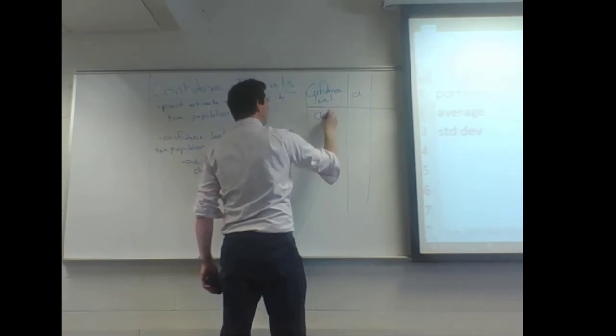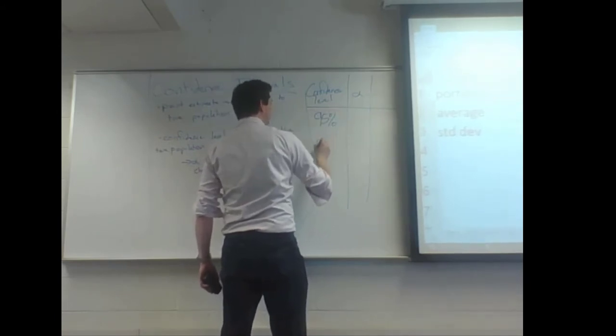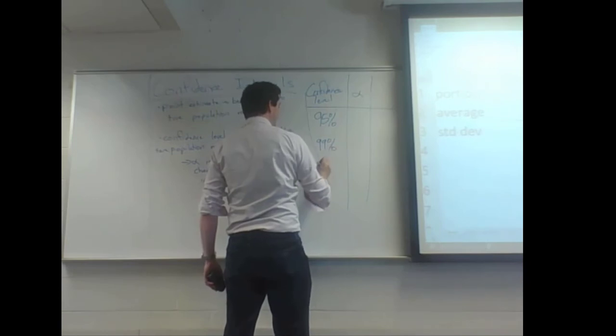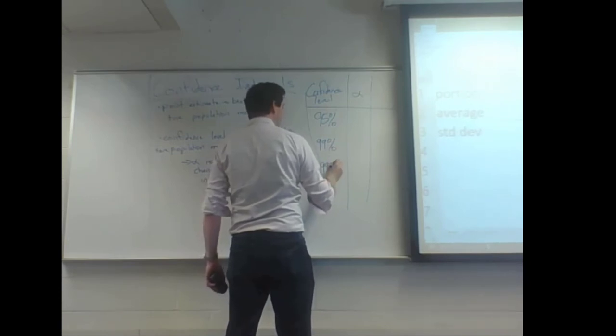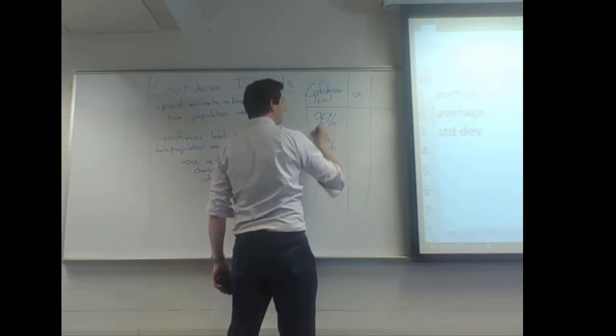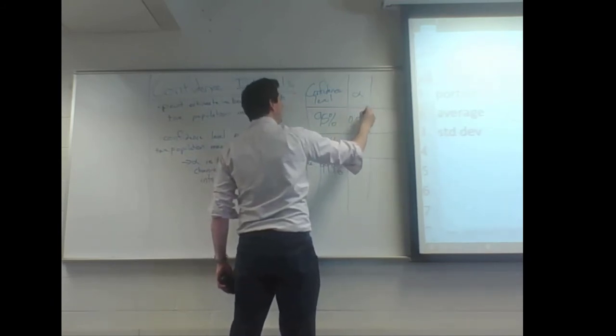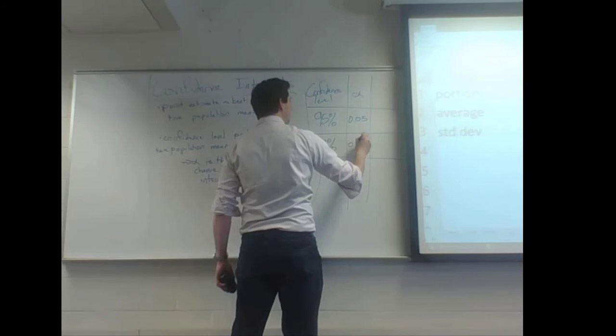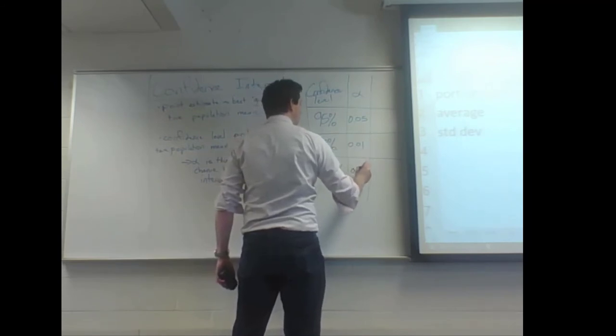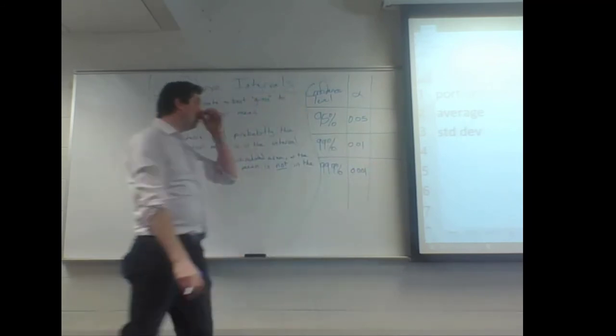Our standards are 95%, 99%, and 99.9%. And these alphas are 0.05, 0.01, 0.001.